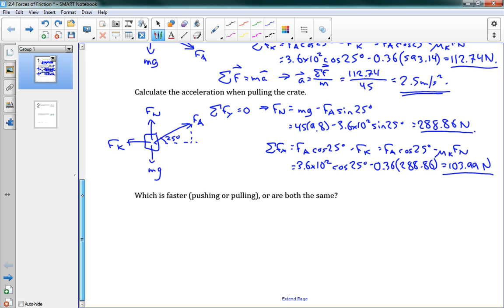Good. Now we can make the same statement that we made above. Net force equals ma, rearranged for acceleration. Net force over m. And this is going to be now 103.99 divided by 45, which gives me well, I'm sorry, I think that I've done something wrong here.